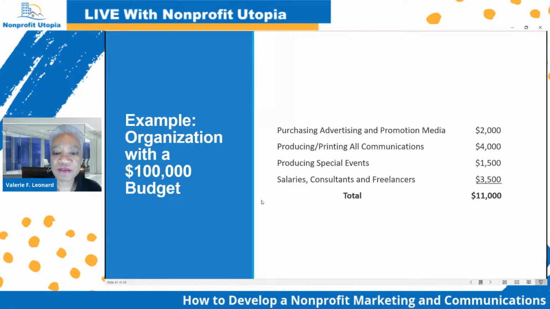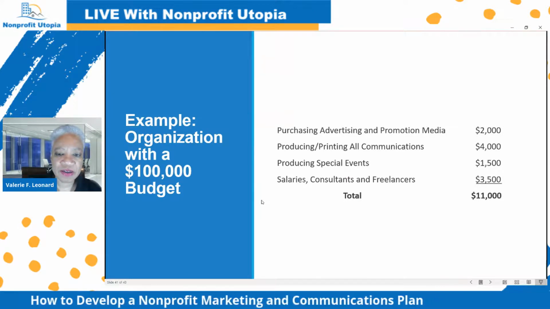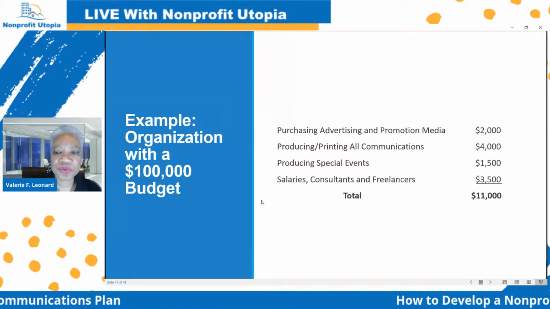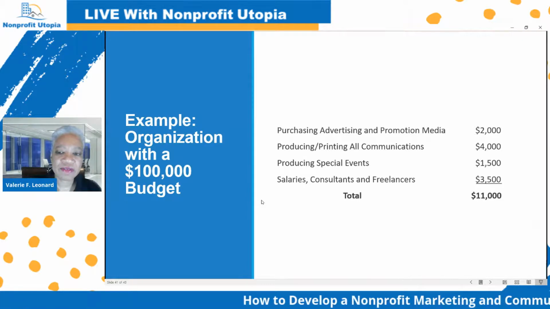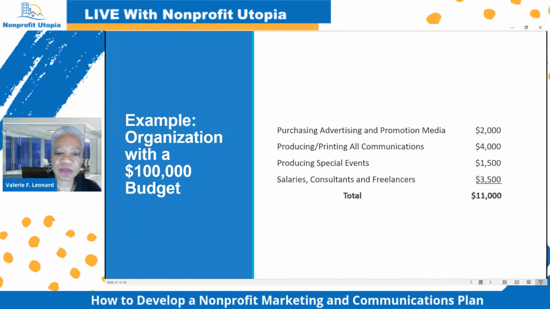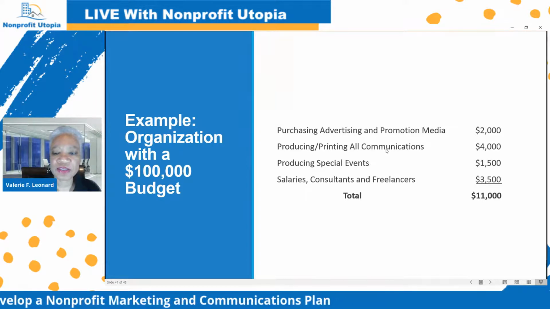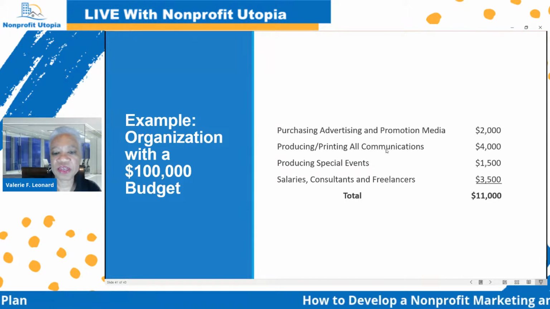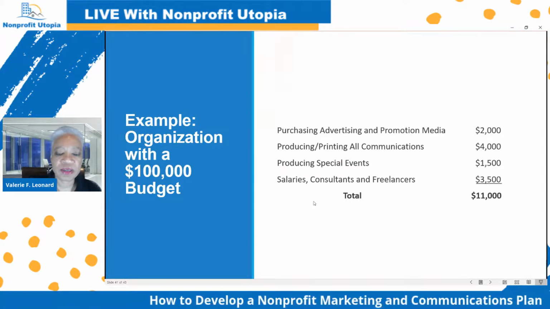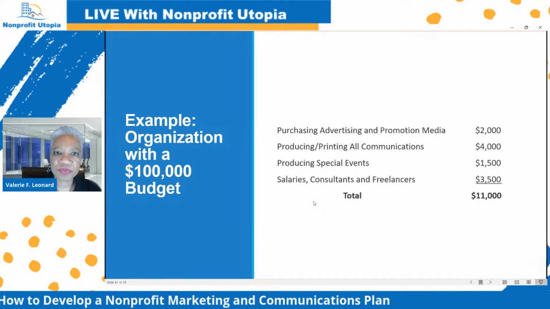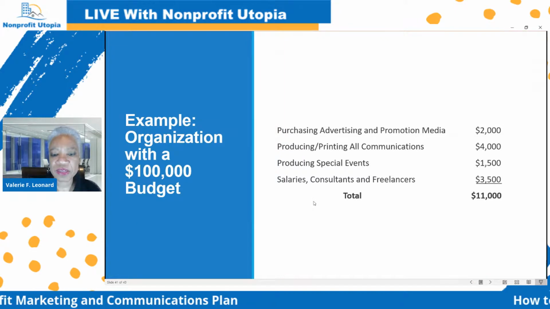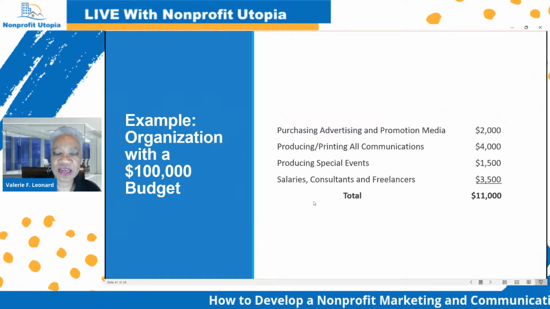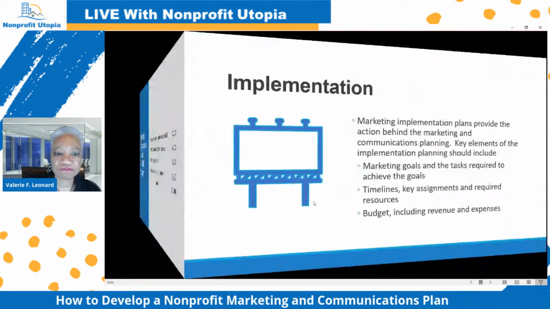So 2% of that $100,000 budget is on advertising and media production, and that comes out to $2,000. 4% of that $100,000 budget is spent on printing all the communications, and 1.5% or 1,500 is for special events, producing them, and then about $3,500 or 3.5% is spent on consultants and freelancers for a total of $11,000 or 11% of the budget.